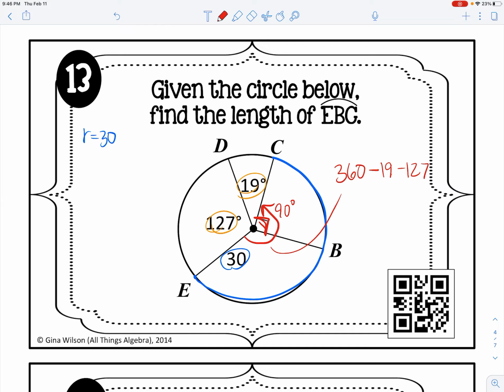So that whole angle in there is 214 degrees, and that's what we're going to plug in for x. Circumference first, 2 times pi times our radius, which was 30. When we do that, I get 188.5.